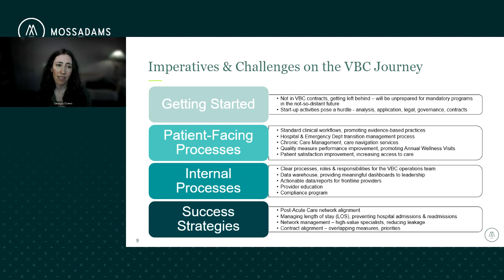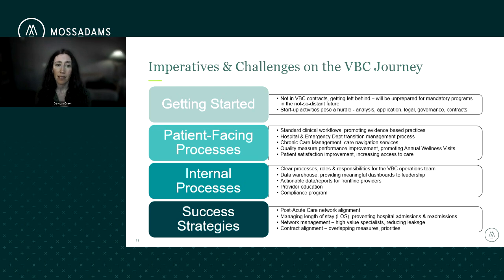But I do think about things in these buckets: there are patient-facing processes that are very important in value-based care. It's a really great area to implement Lean or Six Sigma, thinking about how we standardize this. How are we going to get patients doing chronic care management that have chronic illnesses, or transitioning out of the emergency department to the best setting for them?